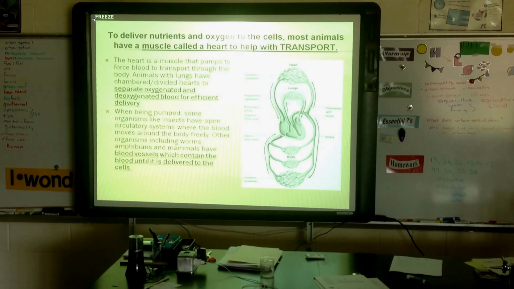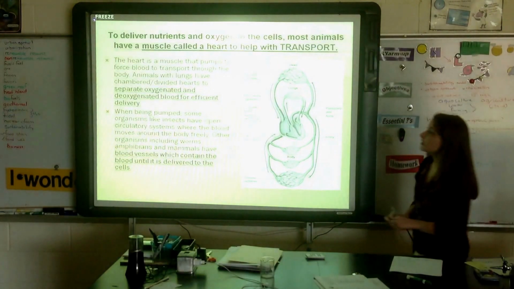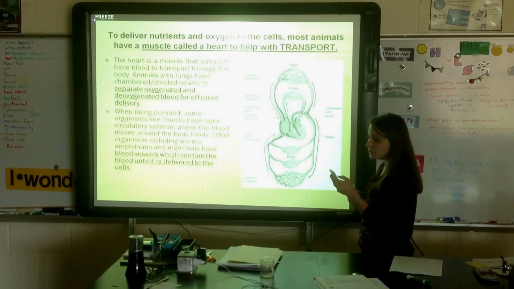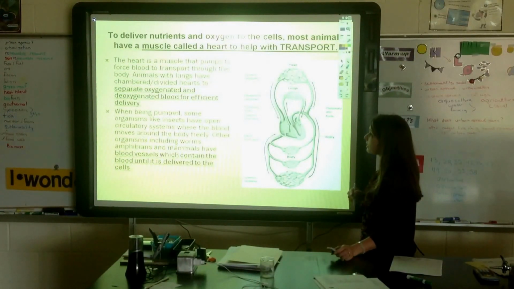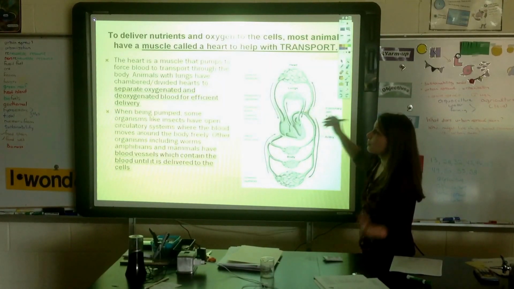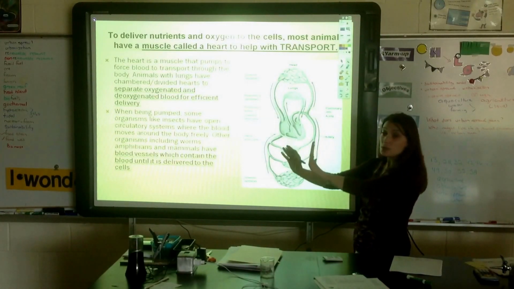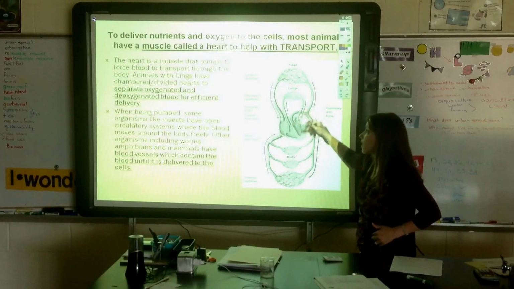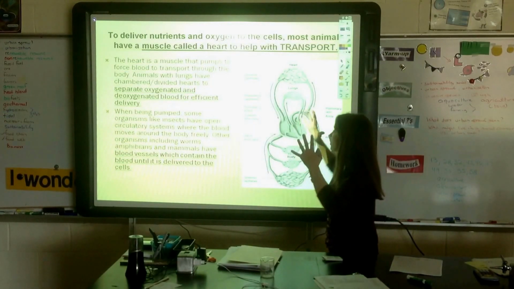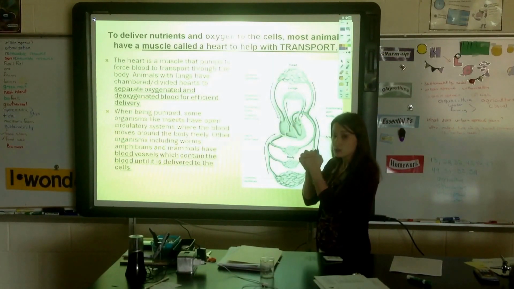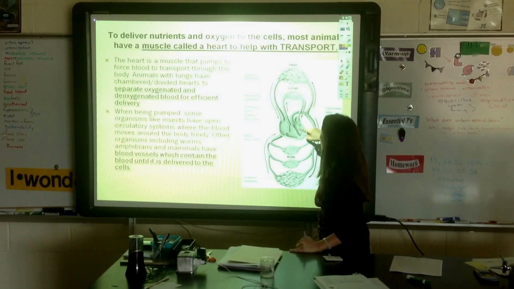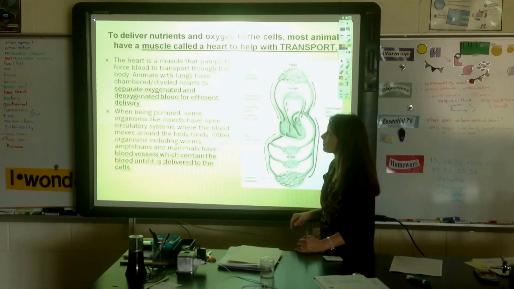So to deliver nutrients and oxygen to the cells, most animals have a muscle called a heart to help with transport. The heart is a muscle that pumps to force the blood to transport through the body. So here's a picture of the heart, and as the heart contracts, it's a muscle, as it contracts, it pushes the blood up to the lungs or out to the head and the rest of the body.